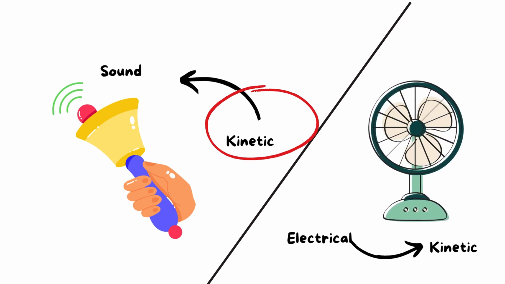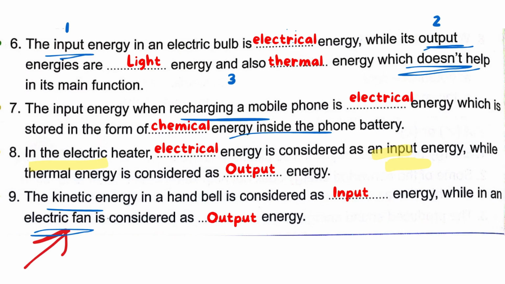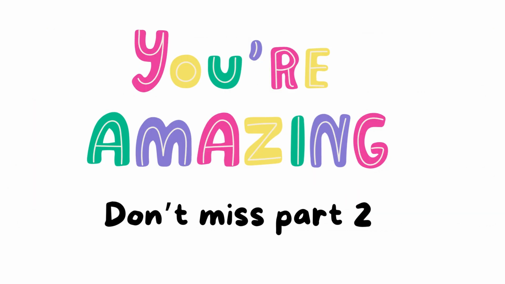But in the electric fan, as we see here, it uses electrical energy to produce kinetic energy as the fan moves. So here the kinetic energy is output energy. So the answer here: the kinetic energy in the handbell is considered as input energy, while in the electric fan is considered as output energy. This last question, we finished this part of the revision.